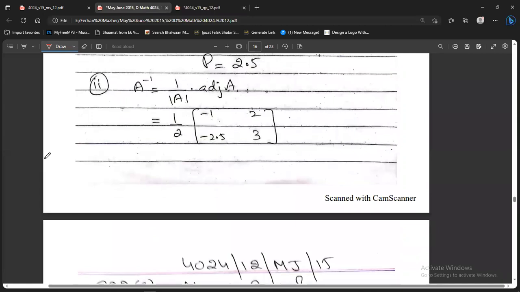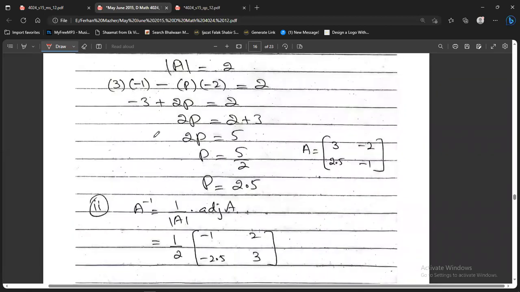So here we go. A inverse will be equal to 1 by A determinant into adjoint of A. We know the A determinant is 2. So 1 by 2 into adjoint. The adjoint of A, the A is this. So we will change their location. These two, their location will be changed, and these two, their signs will be changed.